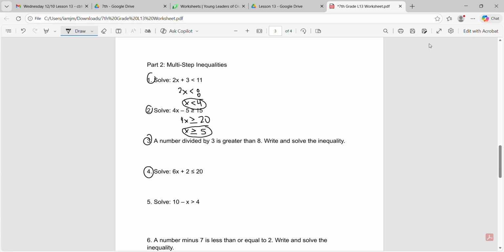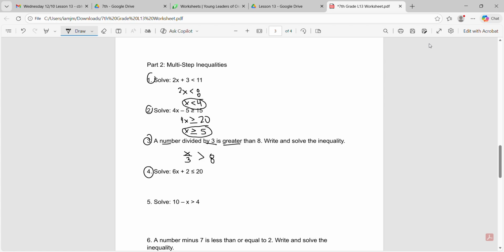Number 3, a number divided by 3 is greater than 8. So x divided by 3 is greater than 8. Write and solve the inequality. So we wrote out our inequality and just have to solve it.